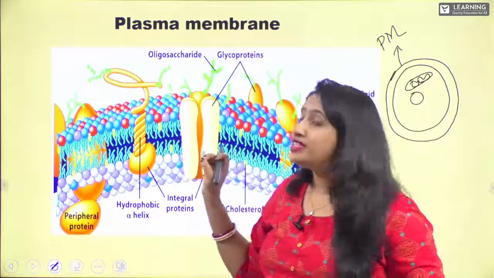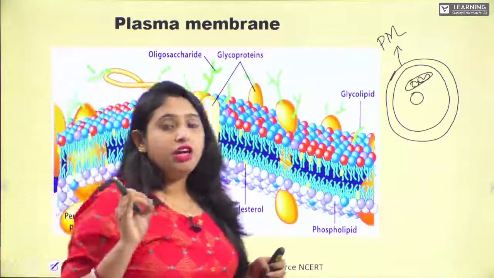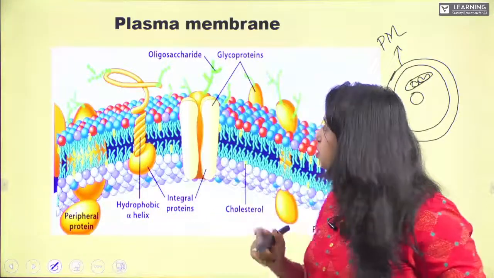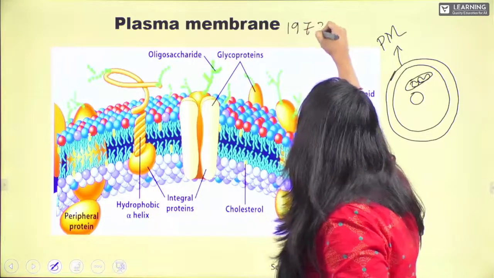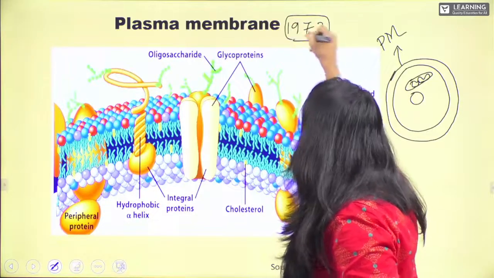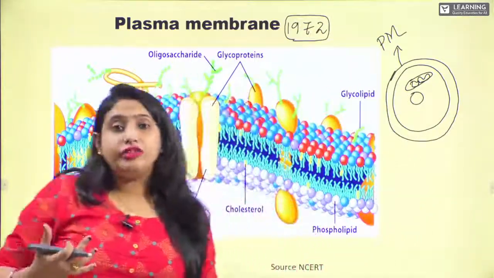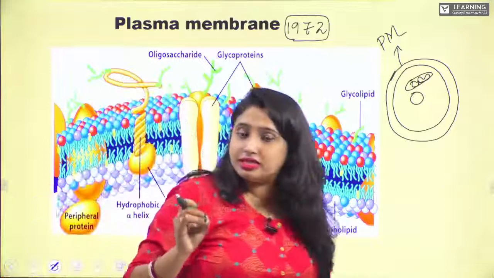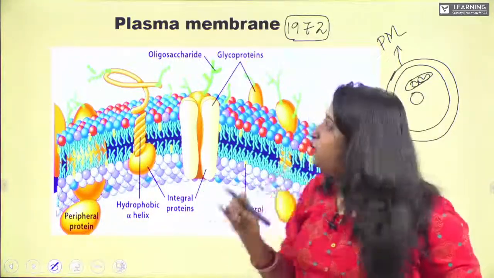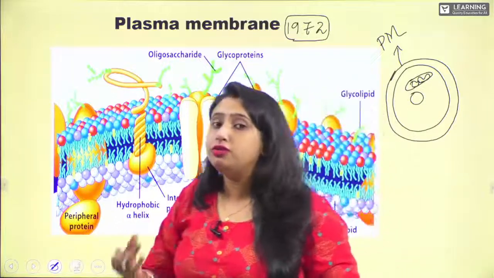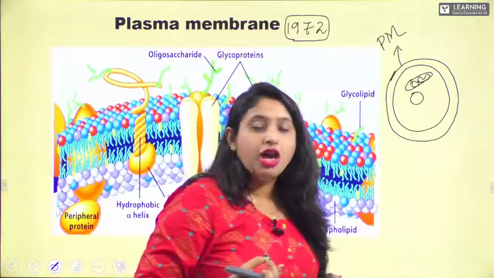The most accepted model of the plasma membrane is the fluid mosaic model, which was given by Singer and Nicholson in the year 1972. The scientists discovered the plasma membrane with the help of the electron microscope, which revealed its structure.